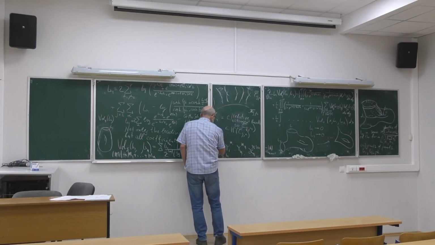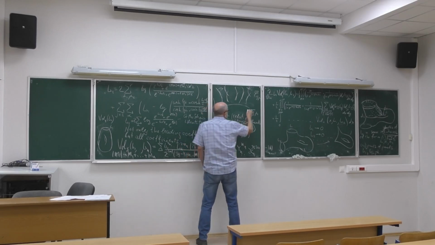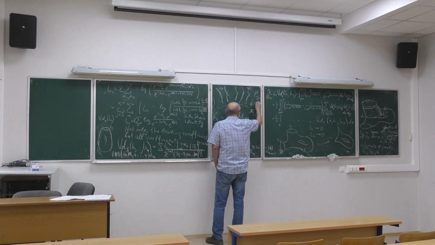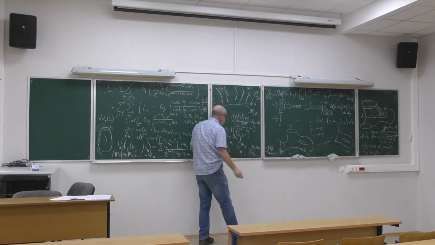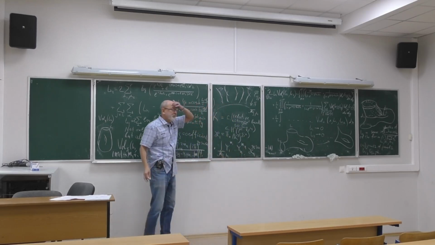And kappa 1 is, if this is P, P star of K squared, whatever it is.